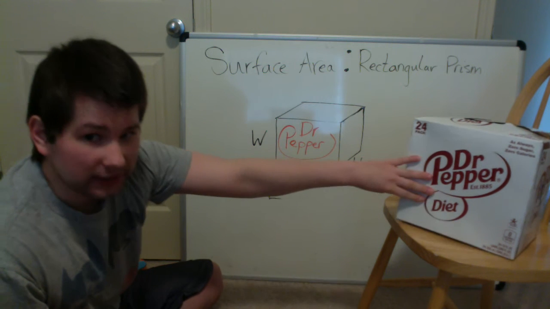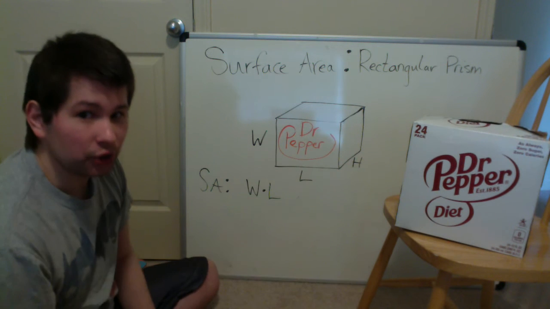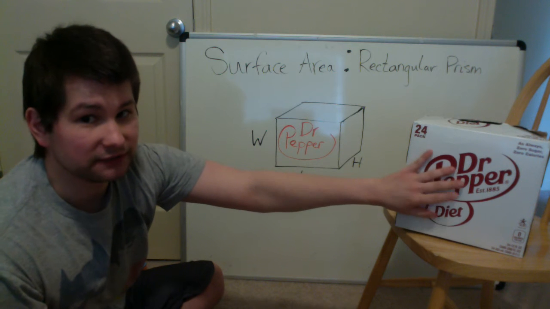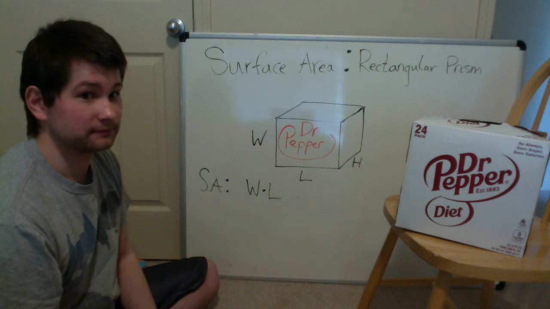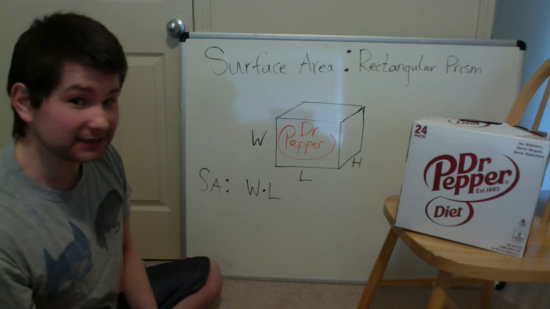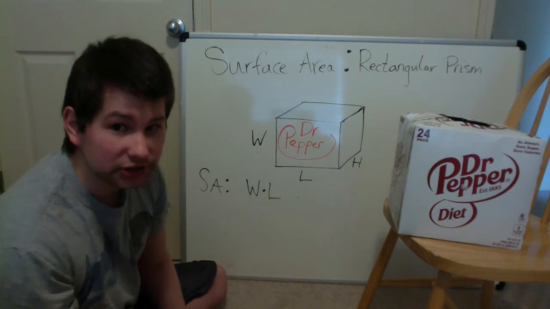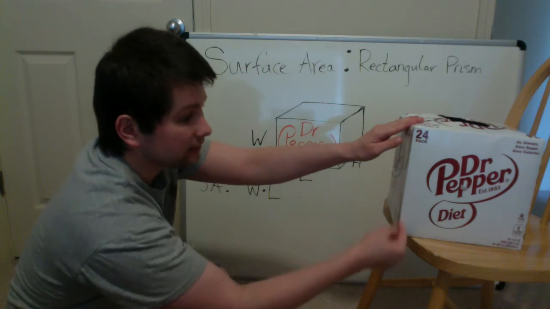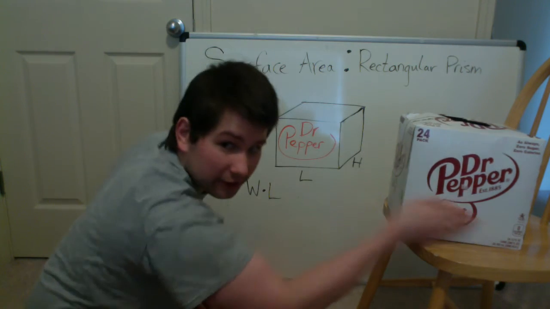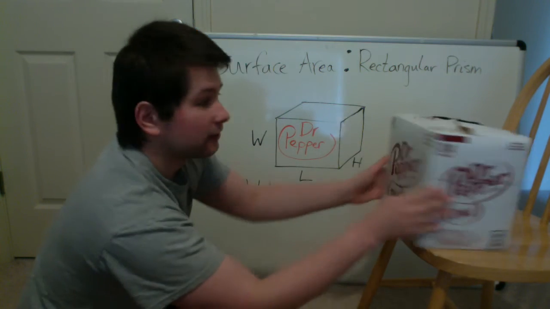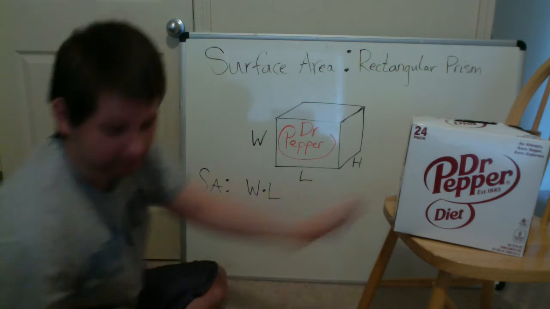Do you think you can figure out what the back side would be if this is the front? It's exactly the same, right? It might look a little different as far as the packaging goes, but the dimensions and the area on the back side are going to be the same as what's on the front here.